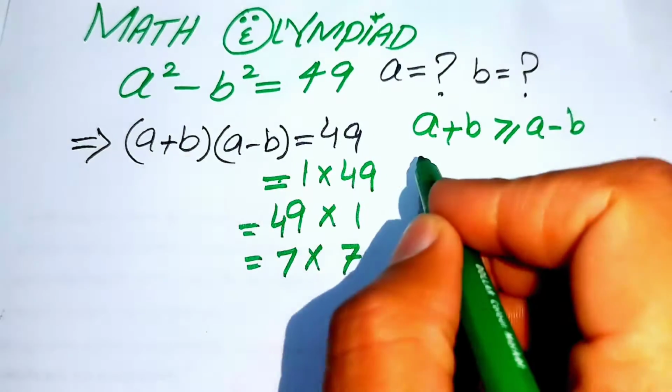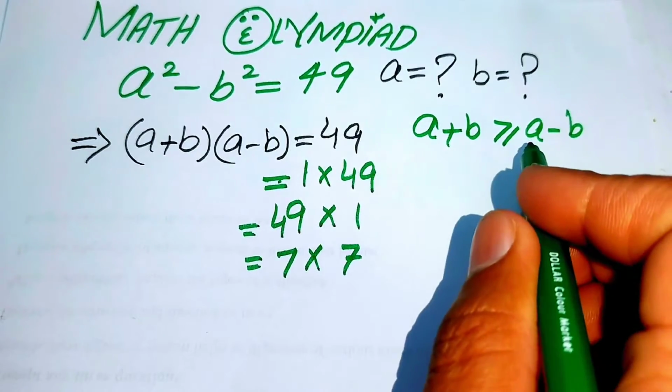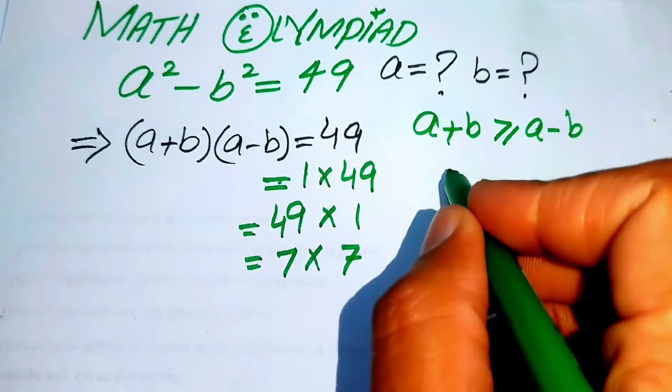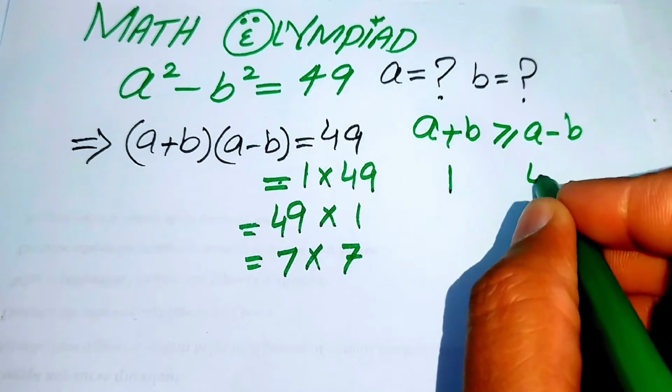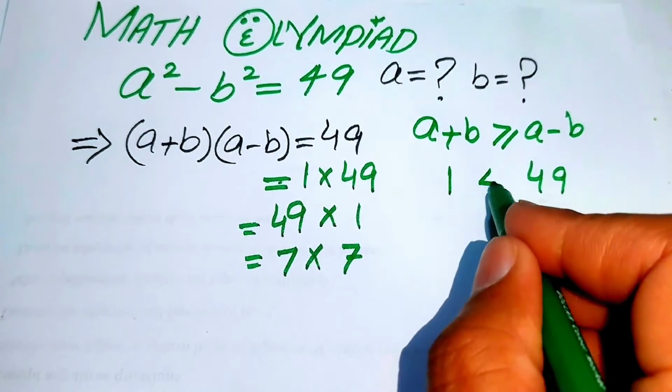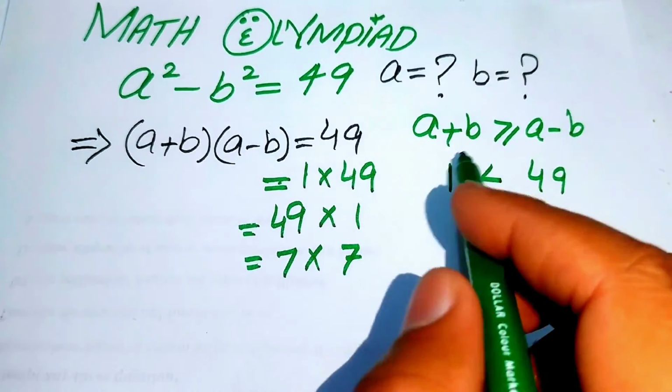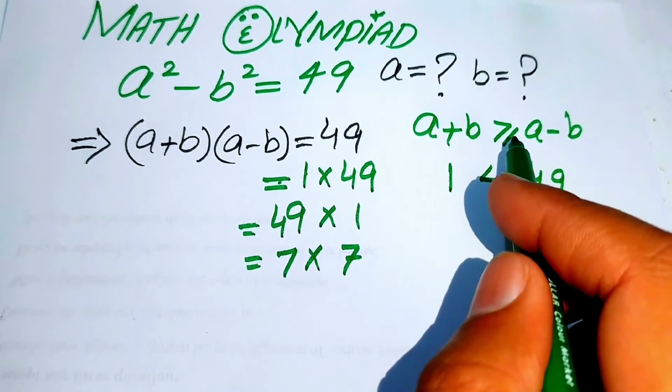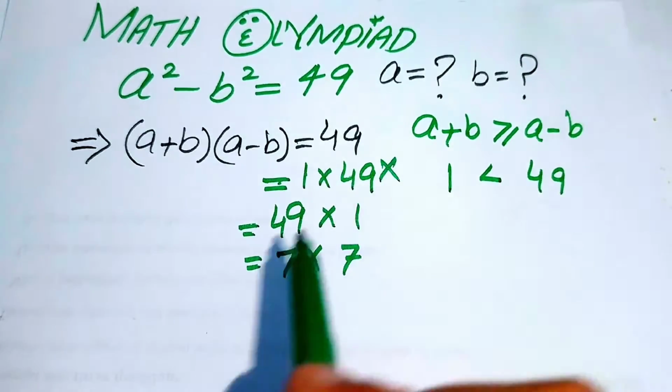Here you see that our first factor must be greater than or equal to the second factor. In the first case, the first factor is 1 and the second factor is 49, and 1 is less than 49. So the first factor is not greater than the second factor, and we reject this first case.